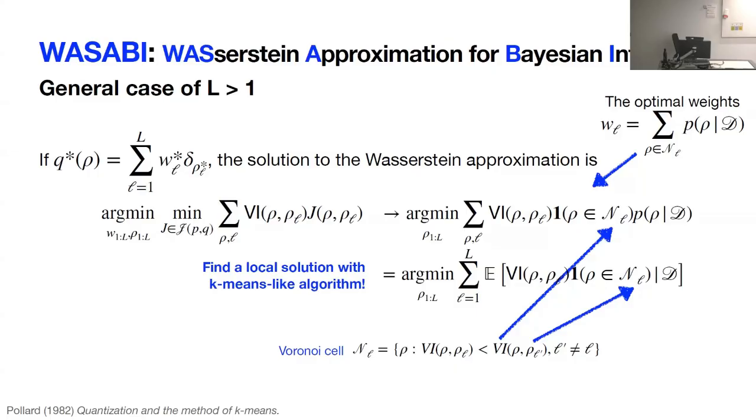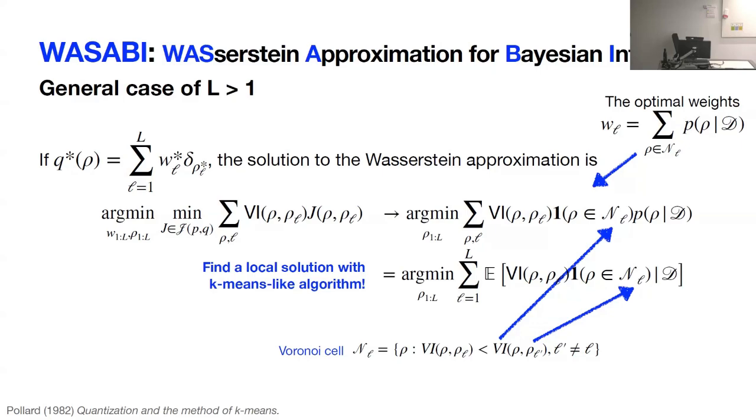So that's the optimal form of the weights and the coupling. All we need to do is minimize over the particles now. We want to find the particles that minimize the posterior expected VI within each, what we call, Voronoi cell.